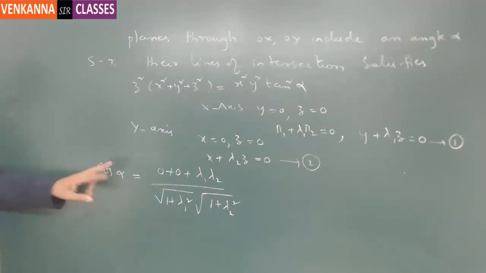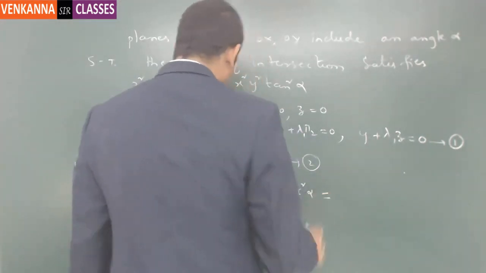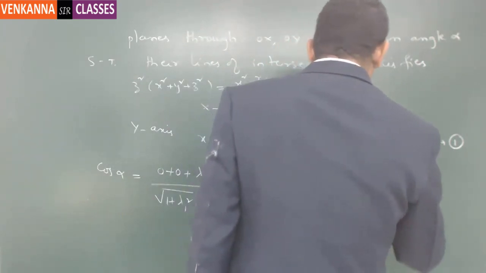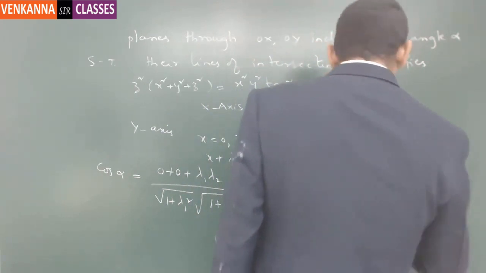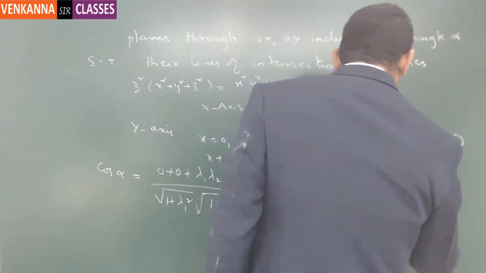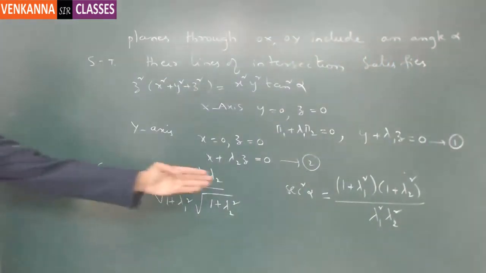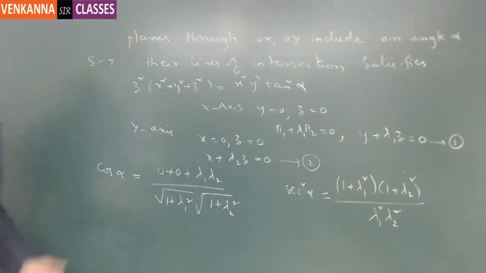Now let us take the reciprocal on both sides and square on both sides, so that secant square alpha equals 1 plus lambda 1 square into 1 plus lambda 2 square, whole by lambda 1 square into lambda 2 square. Take this value to this portion, you can multiply the numerator values.